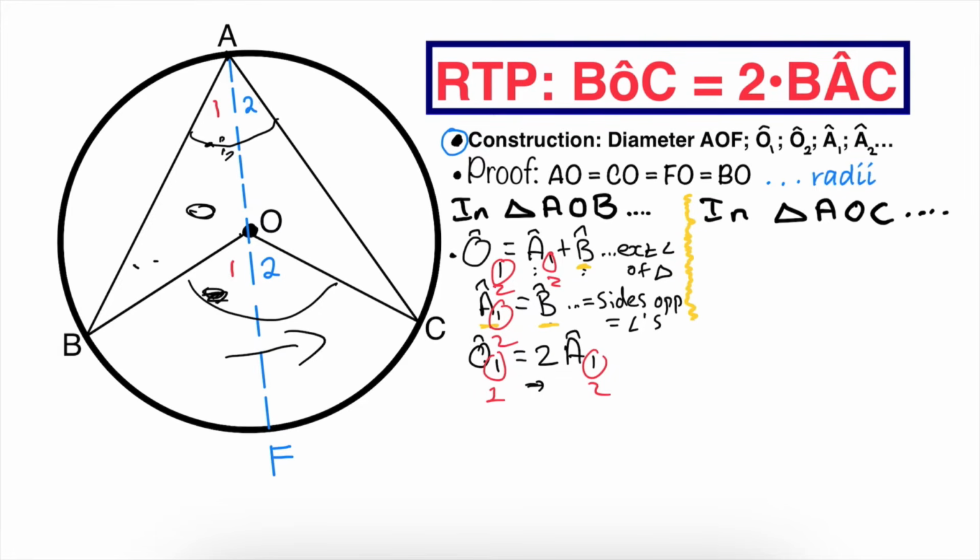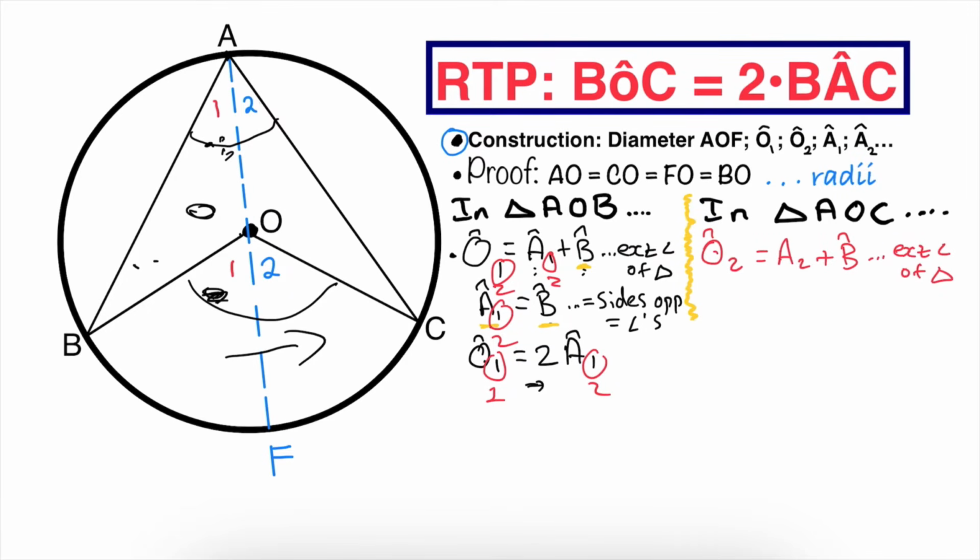You're going to do that on the other side with a pen, a black pen or a blue pen. All you have to do is substitute all those ones. So basically you're going to write O2 is equal to A2 plus B, right? Then your reason is exterior angle of triangle.